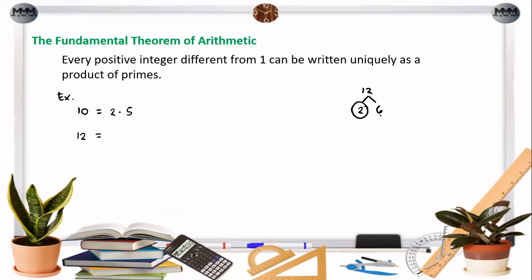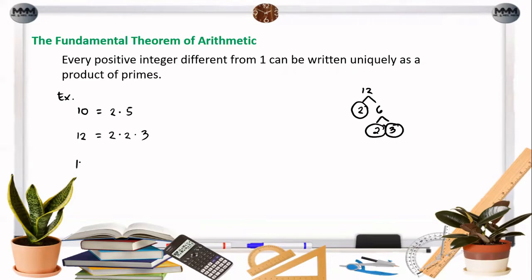So since 6 is not yet a prime number, we will factor 6. We have 2 times 3. So the product of 6, we have 2 times 3. And notice here that all the factors here are prime numbers. We have 2 and 3. Hence, we can write 12 as the product of 2 times 2 times 3. Hence here, 12 is written as the product of primes.